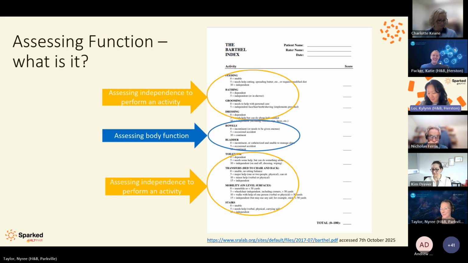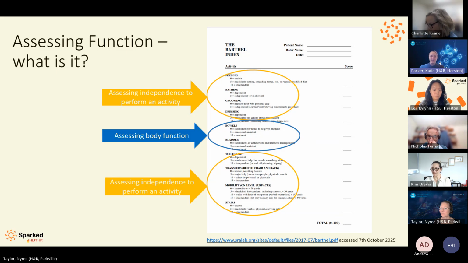Yep. Yeah. Okay. A lot of the other standardized tools have a combination of looking at somebody's capacity or independence across some activities, and then also looking at some of the impairments that affect that as well. So like some of the other functional tools include continence as well, or include other impairments like swallow or cognitive impairments, as well as looking at independence on certain activities. Some of the mobility measures combine a combination of independently walking and impairments in gait and balance.